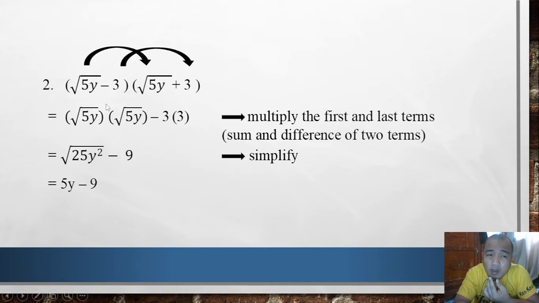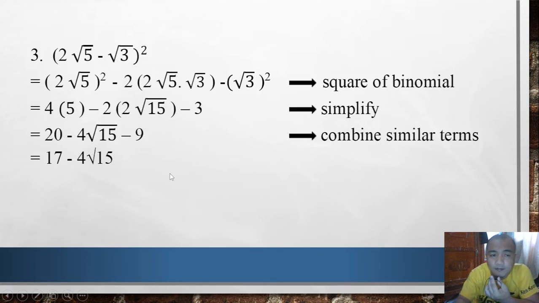Square root of 3 squared is 9. So the shortcut here is 5y minus 9. Alright. That's a shortcut, di ba? Square root of 5y squared is 5y minus the square of square root of 3.